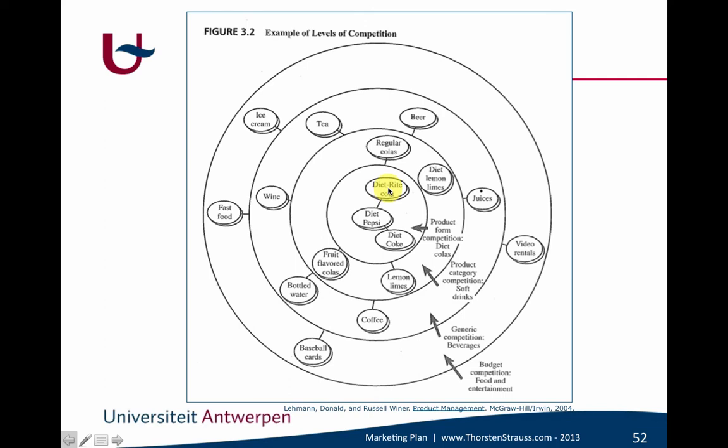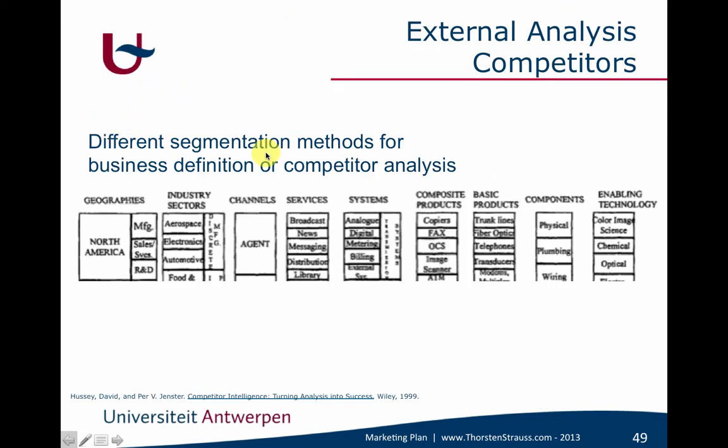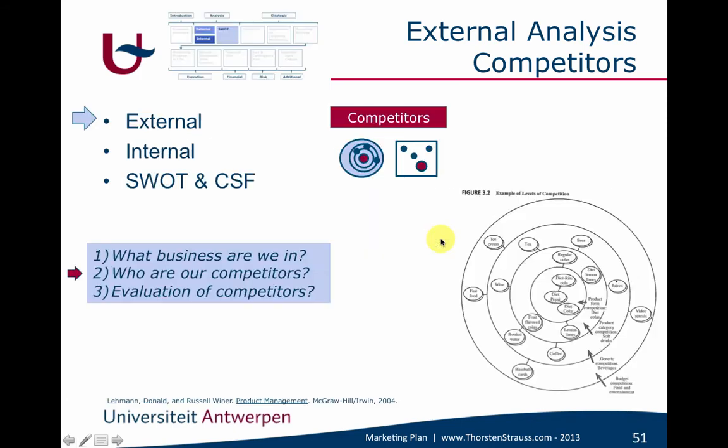So here you have really a totally different, very far removed product and offering, and that is very important to understand in this circumstance. Who are you competing against? This is one way of expressing it. It's a very nice way of showing your competition. But again, coming back to the channels and geographies, you might compete against something totally different.